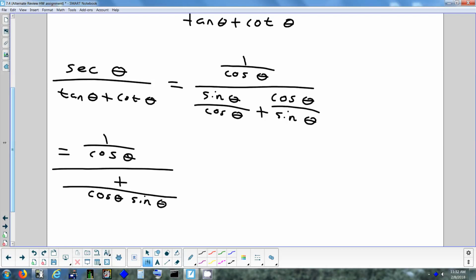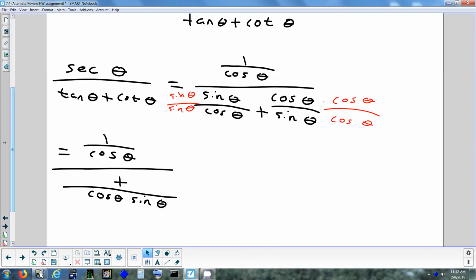Okay. What is the fraction on the left missing so that it has the common denominator? Sine. It's missing sine. So we're going to multiply by sine over sine. What's the fraction on the right missing? Yep. Cosine.